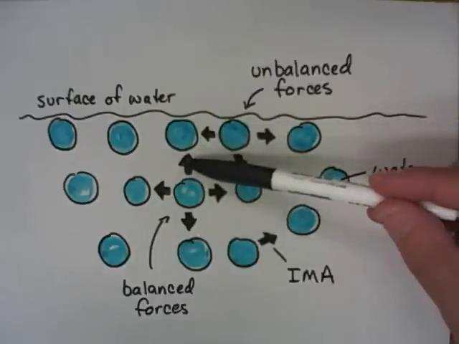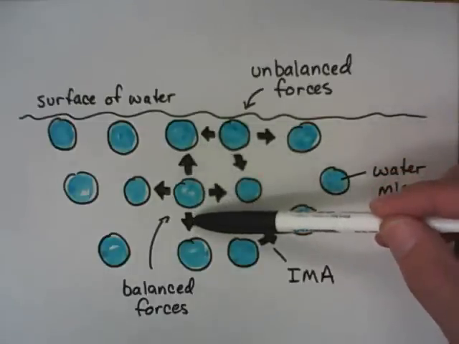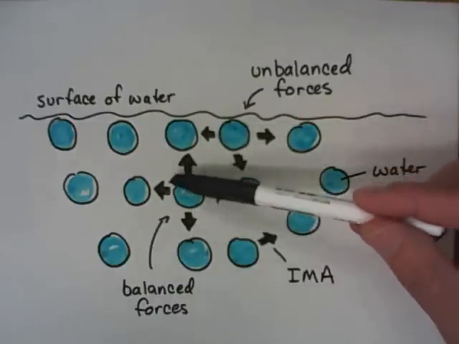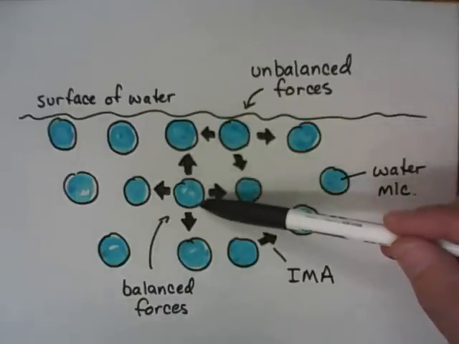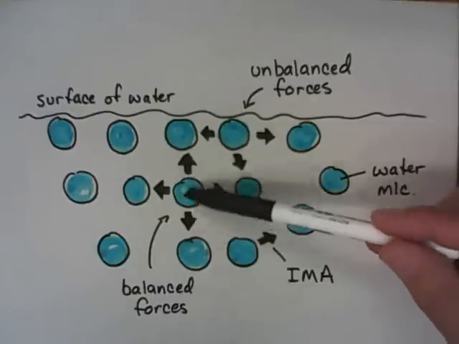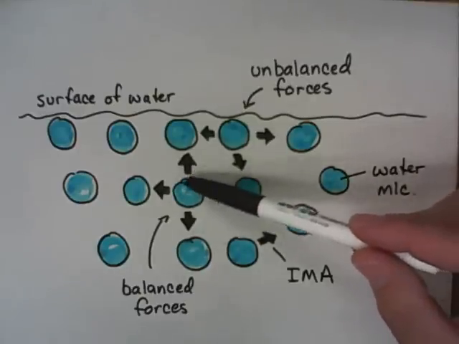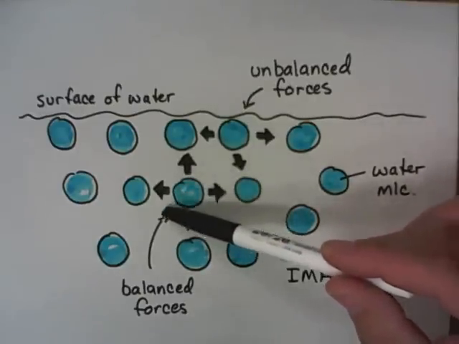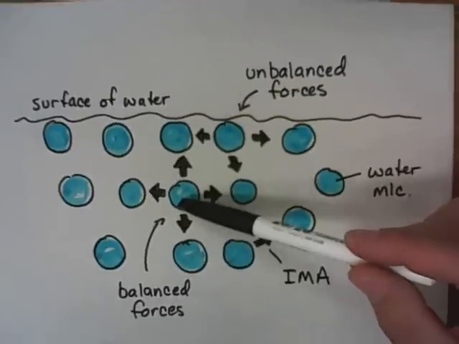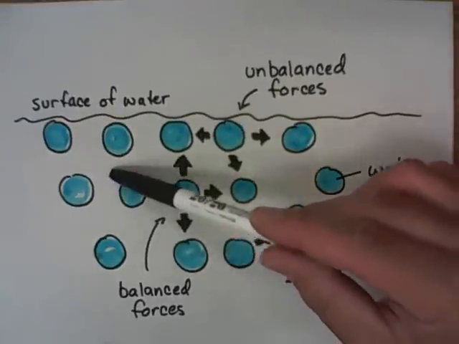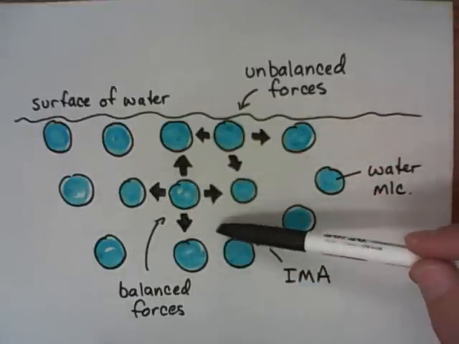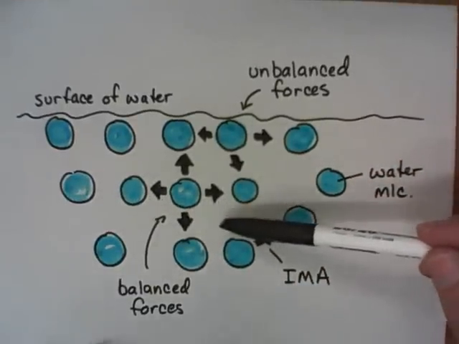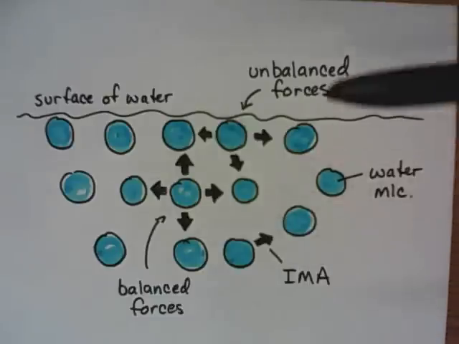In other words, this attractive force will cancel out this attractive force, and this attractive force cancels this one, so it's almost like there are no forces at all on him, because all of the forces are balanced. And so this water molecule is free to float around and move through the water. He swims around because all of the forces on him are balanced.